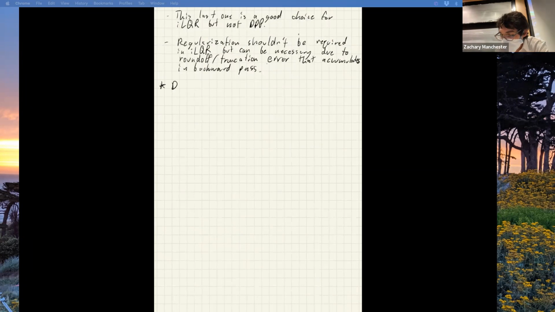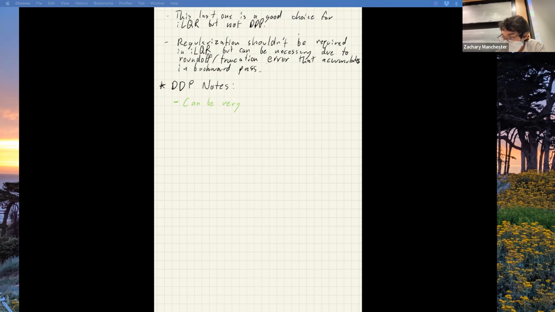Okay, so then some summary DDP notes. Pros and cons, if you like, because we're going to move into some other methods next. And so the good stuff: DDP is known for being extremely fast in general. It's one of the fastest trajectory optimization algorithms out there, both in terms of iterations and wall clock time.